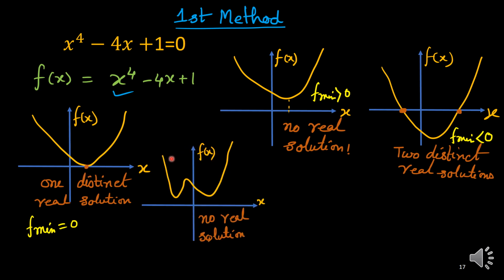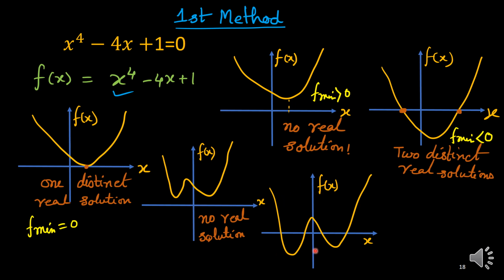Now if the shape is like this, we can have two minima, but at both local minima the function value is positive, so obviously the function will not cross the x-axis. There could not be any solution.